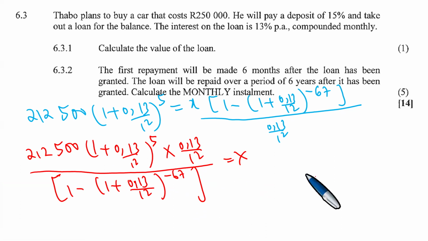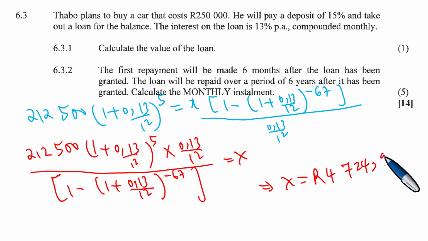Right, upon careful examination, you are able to see, therefore, that x is equal to 4,724.96. So in the end, it's 4,724 Rand and 96 cents.